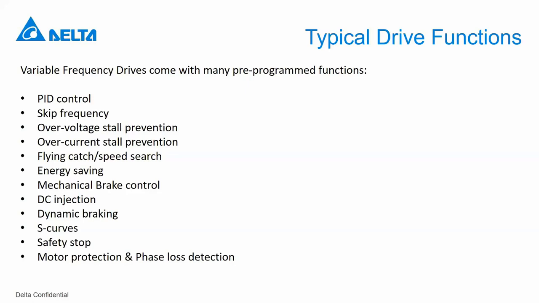If the pressure is above, then it decreases the frequency down to a stop until it reaches that set point. And how fast the drive reacts depends on your PID settings.